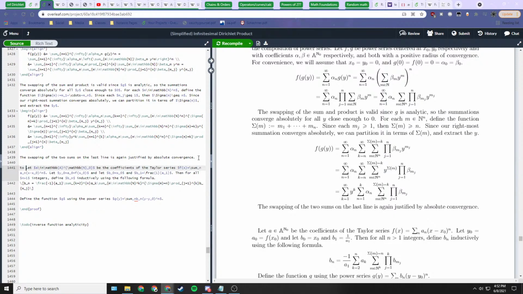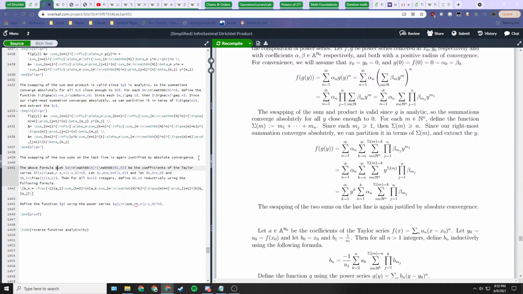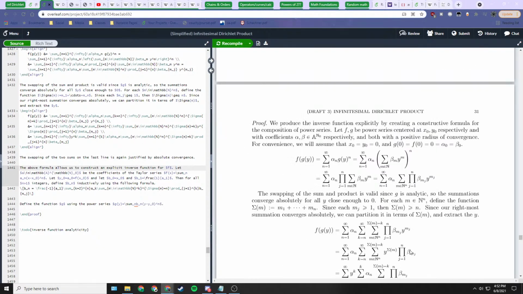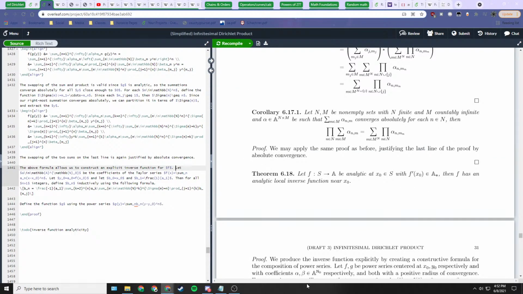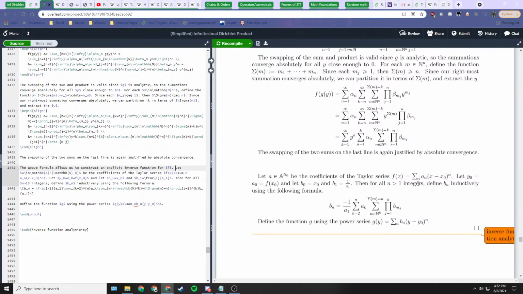This formula allows us to construct an explicit inverse function g for the function f.